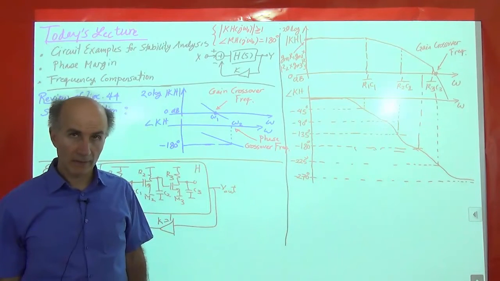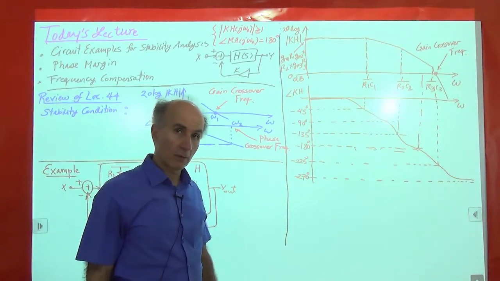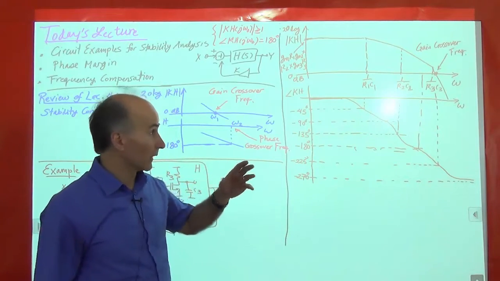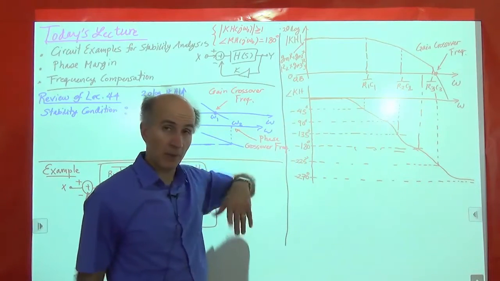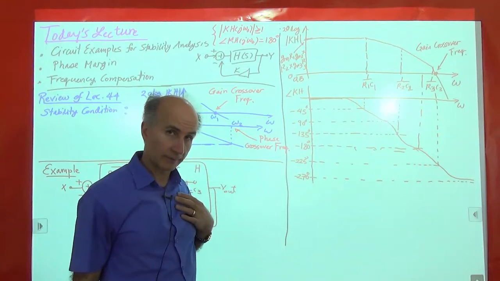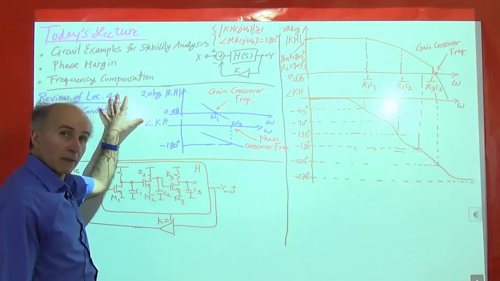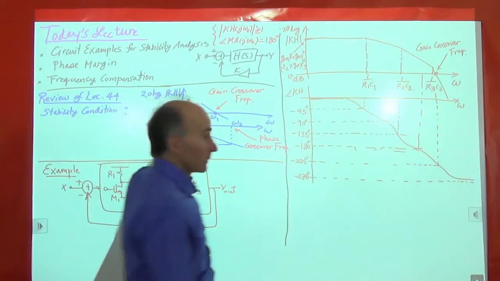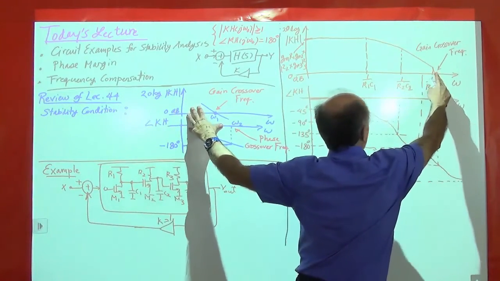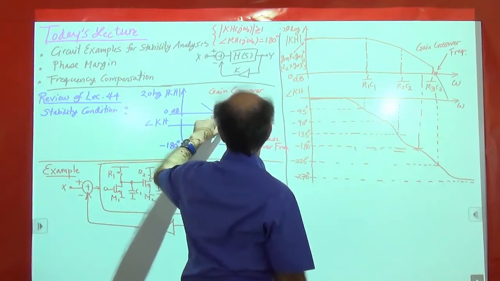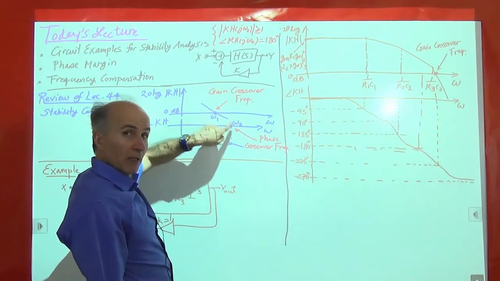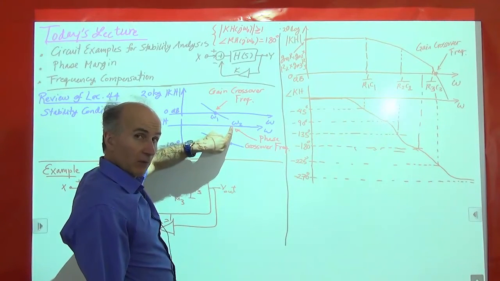All right, so that is the frequency response, or the magnitude and phase response, for the loop gain, KH. All right, so we go back and look at this. It says that the gain crossover frequency, this one, must occur lower than the phase crossover frequency.